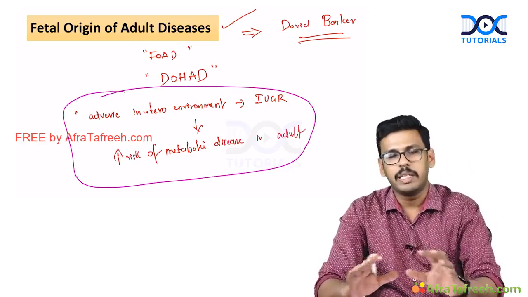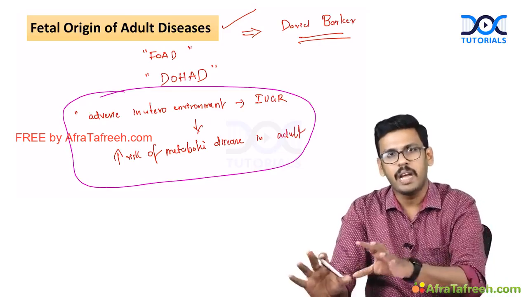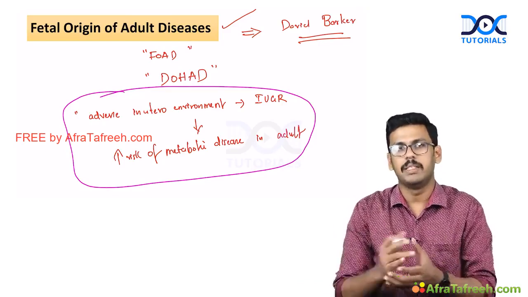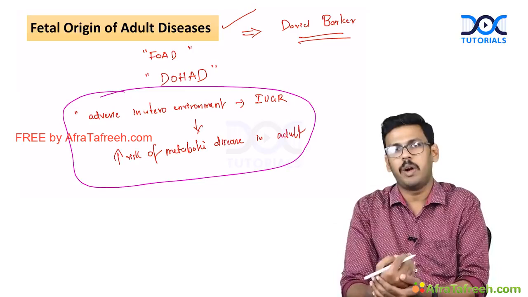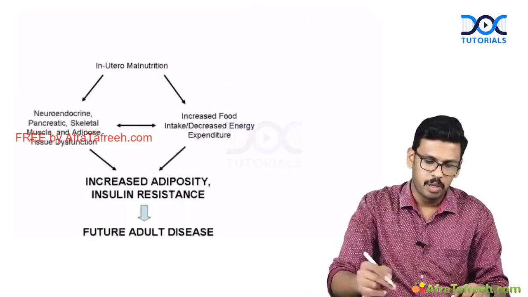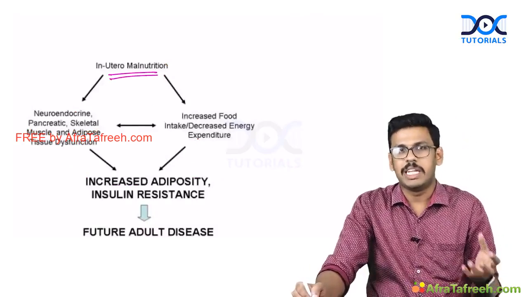So in a nutshell, it means that those children who were IUGR or had an adverse in utero environment while they were growing up inside the uterus are more likely to have adverse metabolic diseases or consequences in their future adult life. So in utero malnutrition causes so many changes.